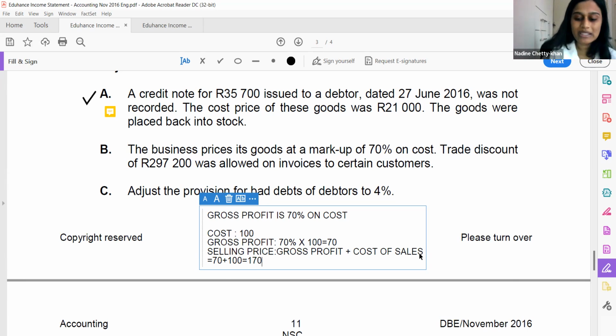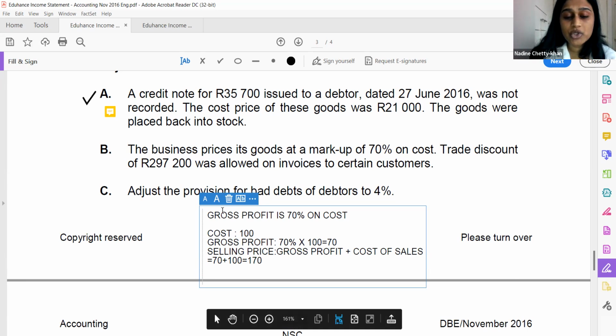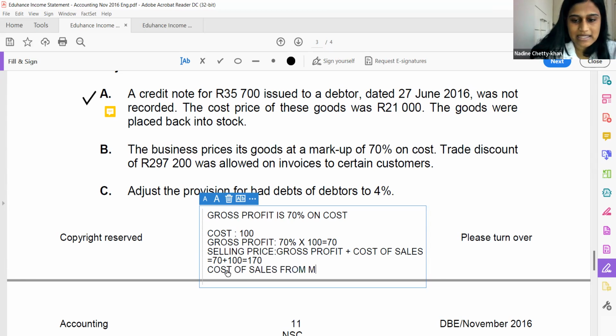What I am doing with these arbitrary numbers is using them to build a new ratio, because I want to calculate cost of sales from my sales number.